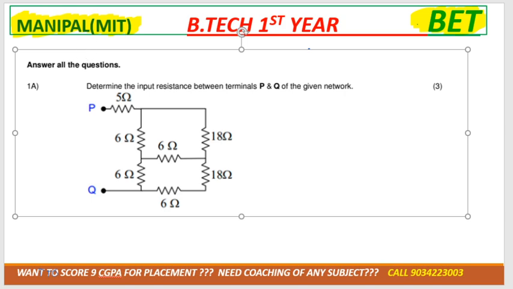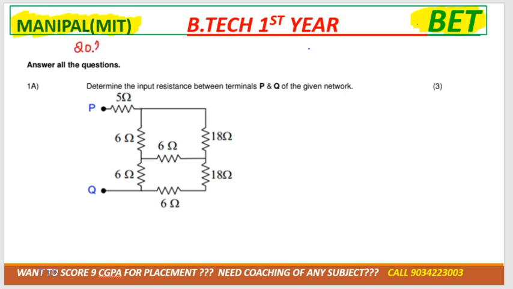This is a question again from the 2023 paper. They said determine the input resistance between P and Q. So whenever they ask you the resistance, equivalent resistance, total resistance, in that case you need to apply star delta. Okay, because we can't do it directly by series and parallel.